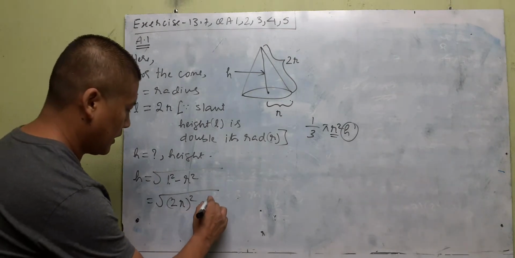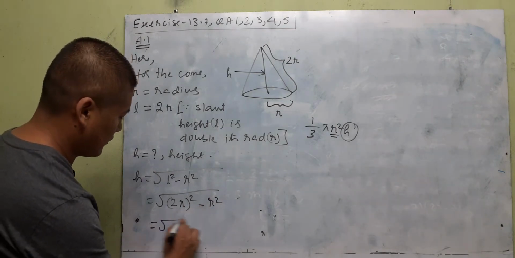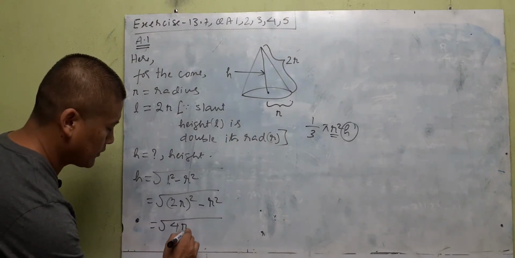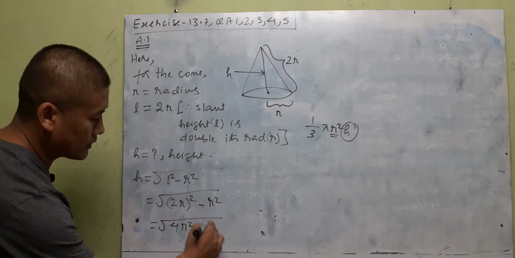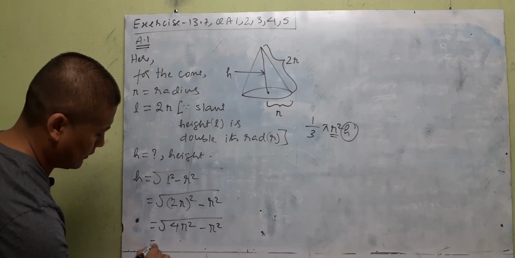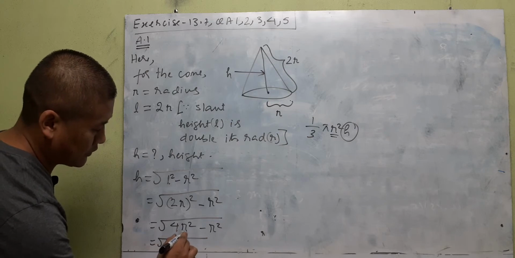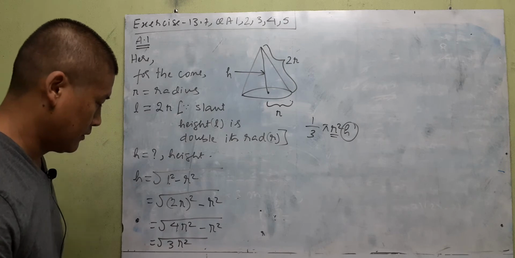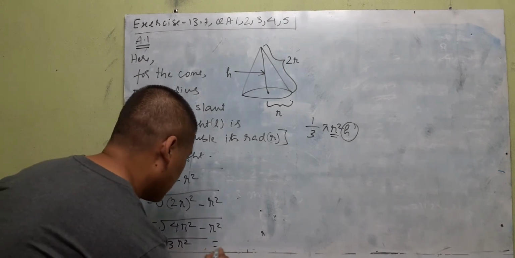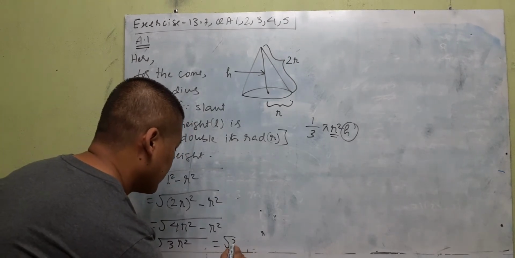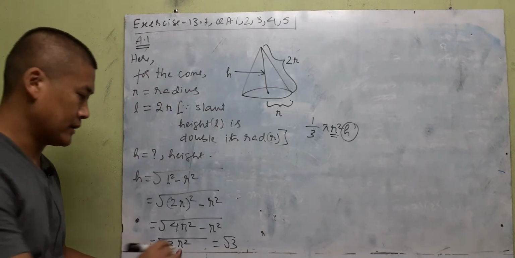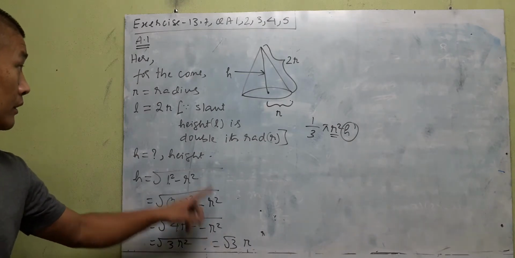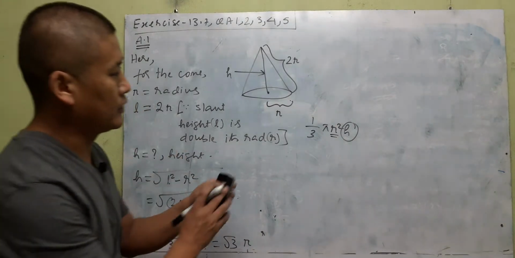Minus R square, root over. 2 twos are 4R square, because the whole thing is squared, minus R square, which is root over 4R square minus 1R square, meaning 3R square. Root 3 cannot be removed, but R square comes out as a single R out of the root. So we got our h, root 3 R.